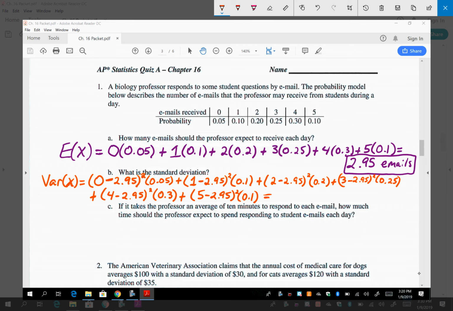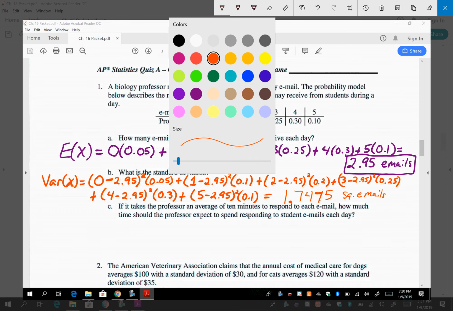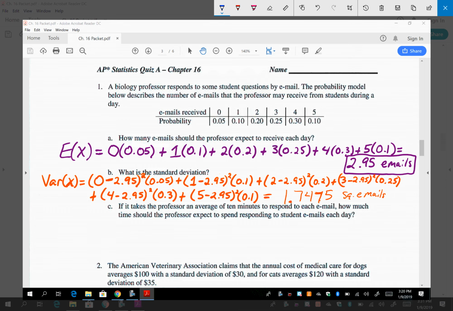Okay, so I'm going to write down 1.7475. What are the units? Squared. Very good. Squared emails. So that's the variance. So how do I find the standard deviation? Very good. No, Jalissa, you're right the first time.